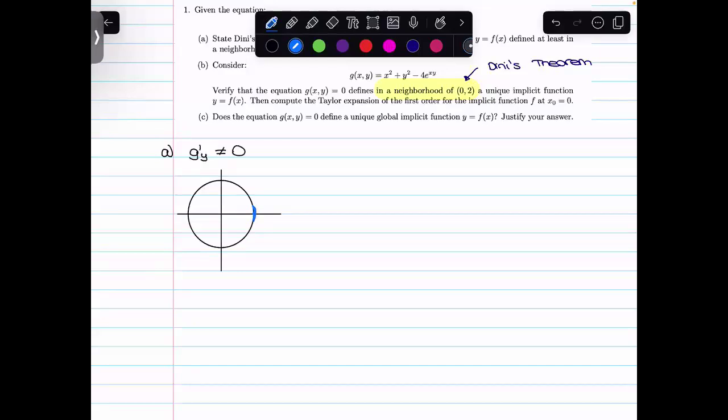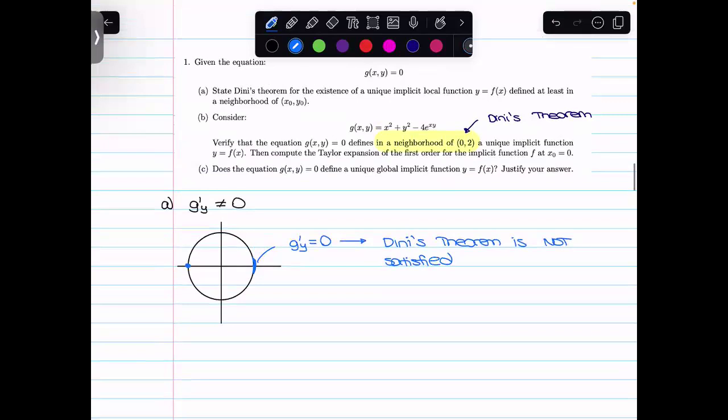And that would be where the gradient with respect to y is equal to 0. So at these 2 points, Dini's theorem is not satisfied. So we cannot find an implicit local function in a neighborhood of those 2 points.